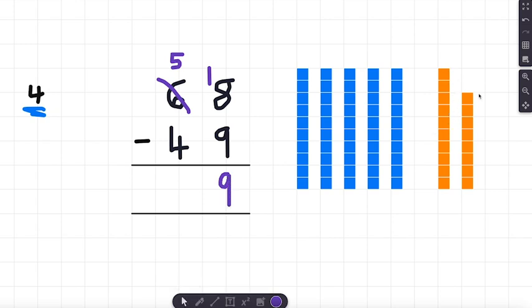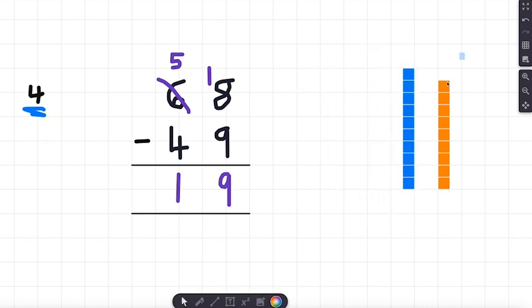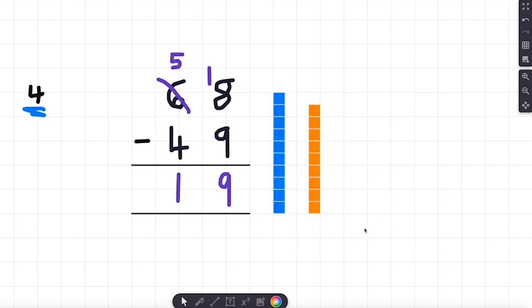So 18 subtract 2, 4, 6, 8. One more, it is 9, leaves us with 9. And then I have 5 10s, take away 4 10s, leaves us 1 10, giving us our answer of 19.